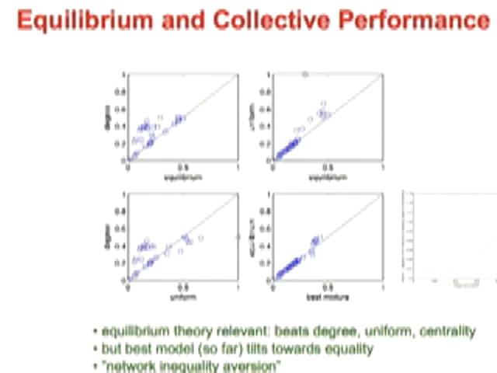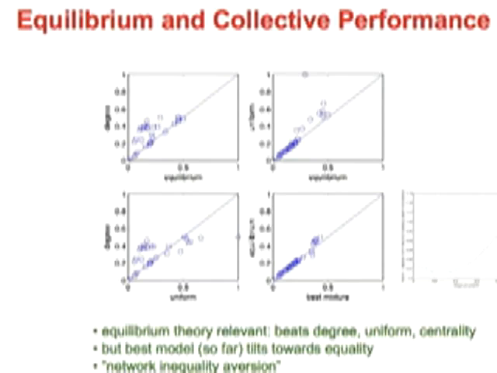And in this upper left-hand plot, I'm showing you a measure of how well the equilibrium theory does at predicting the actual individual wealth in terms of L1 error. Okay, so I'm going to take these two wealth vectors, the equilibrium and the empirical wealth vector, and normalize them so that they sum to 1. So they're probability distributions now, they're wealth distributions. And I'm going to say, what's the L1 distance between the equilibrium prediction and the actual behavior, okay? And that's what the x-axis for each point is showing.